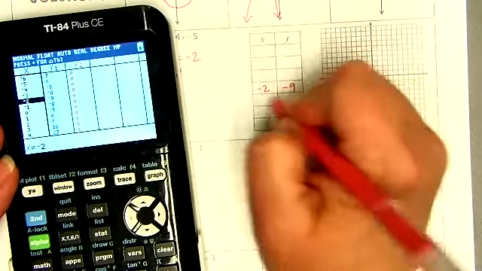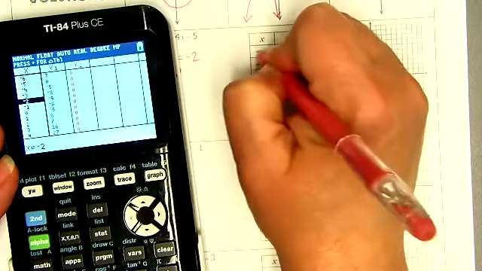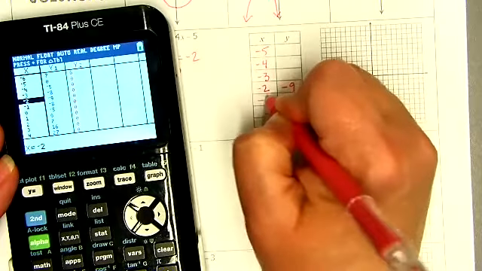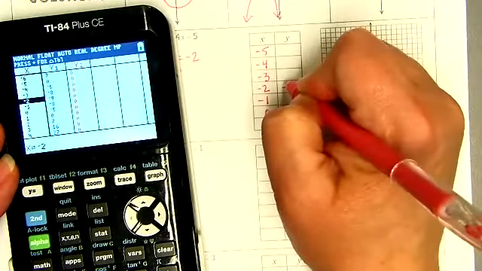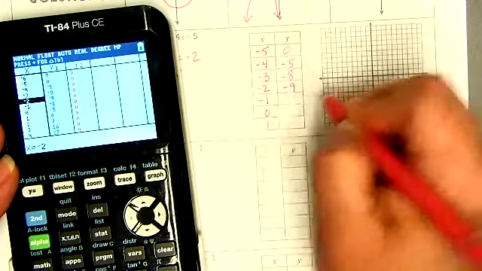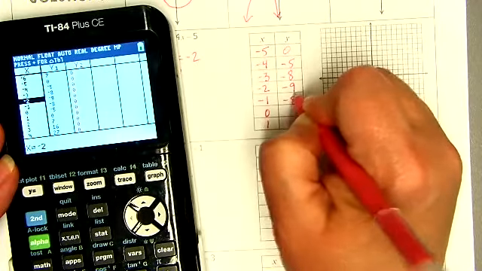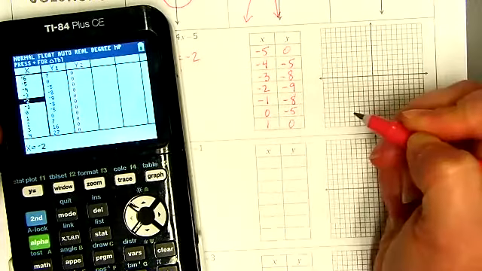So I'm going to have negative 3, 4, 5, negative 1, 0, 1, negative 8, negative 5, 0. And notice the y-axis is where it repeats. Okay.